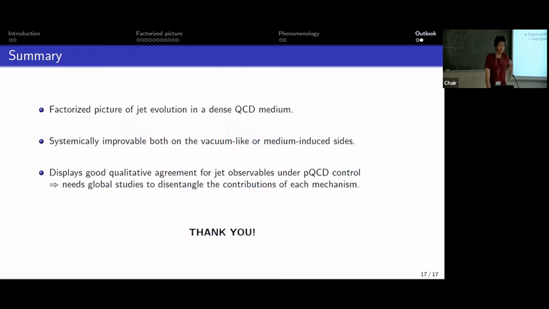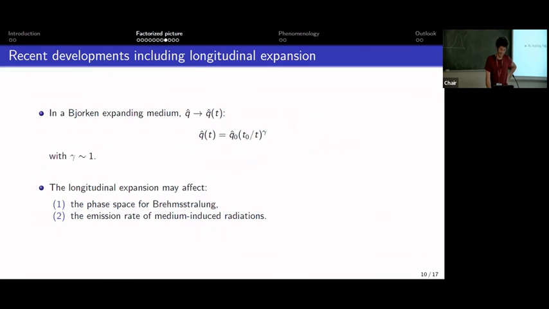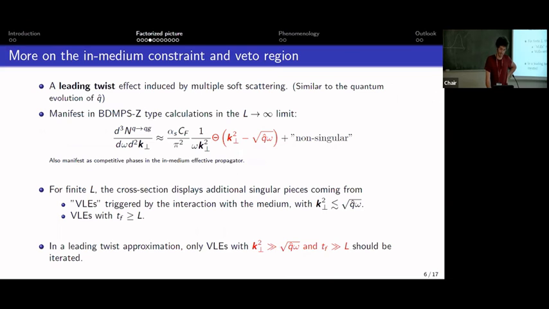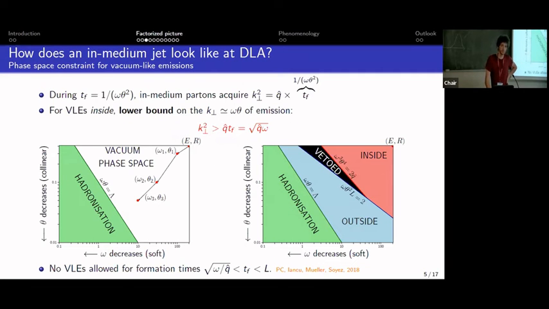Paul, I always have a hard time understanding this veto region that you put in your Monte Carlo. What I don't quite understand is that this estimate of the lower bound for the kT is assuming that the particles you're emitting are constantly gaining kT while they are propagating through the medium, more or less, right?